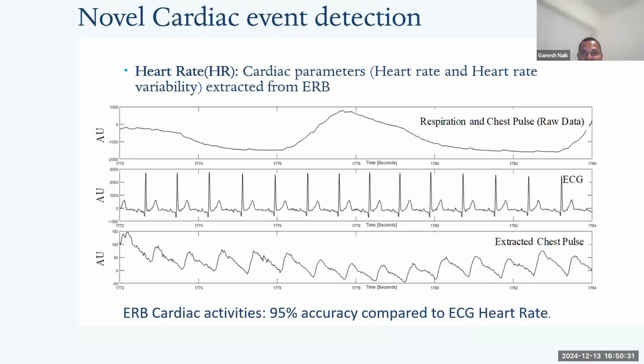The second thing was to extract the heart rate from just those respiration bands. Again, that was challenging. So we compared that again. We used the ECG as a ground truth, but the challenge was basically to extract the ECG from this chest pulse.